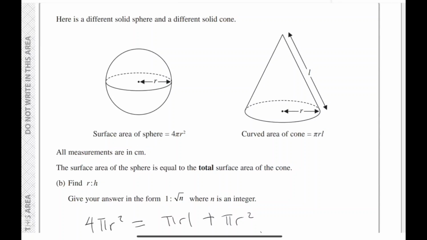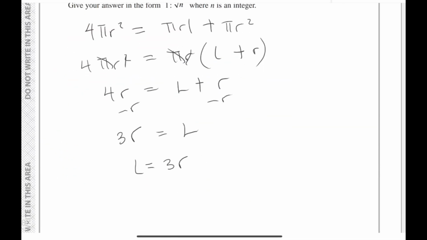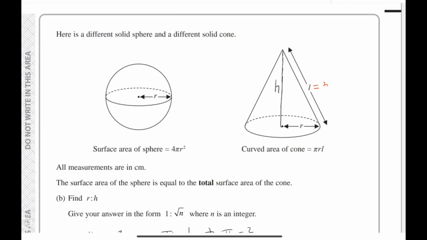We come back to the cone. So this is the slant height. The height of the cone itself is h. So this is going to be like Pythagoras theorem. So this is l, which is equal to 3r, and this is r.